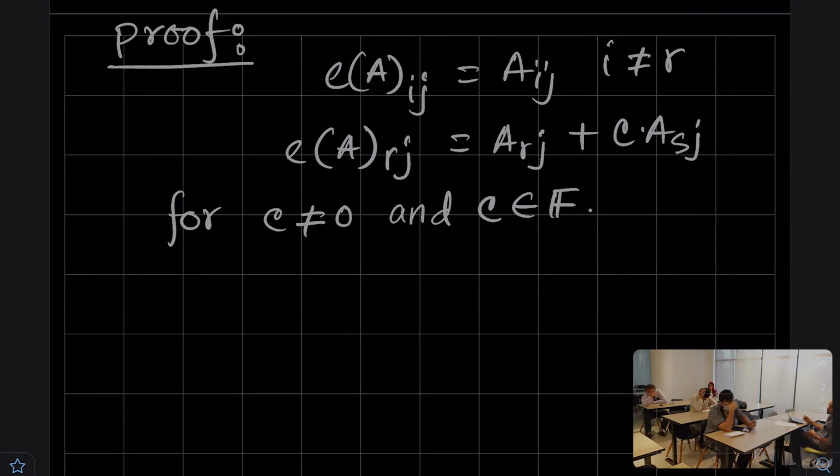That 0 is not the 0 of the set of real numbers; it is the zero element of the field. I'm considering the field F, it is not the real numbers. It can be the field of complex numbers, real numbers, or rational numbers, so I'm generalizing this. This is not the 0 of the real numbers, but the zero element of the field F.